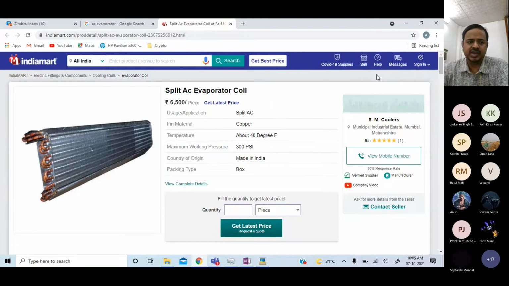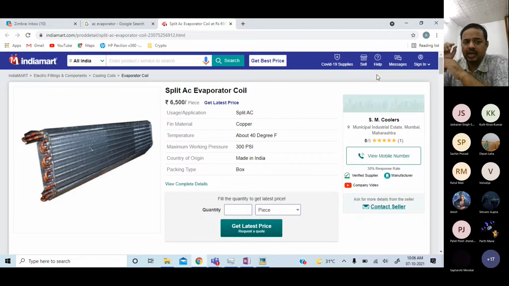What comes out is ambient air from the room, blown by the fan. As it flows over the tubes, it loses heat to the refrigerant and in turn becomes cooler itself. The refrigerant inside these tubes absorbs that heat and starts to change phase from liquid to vapor. That is why it's called the evaporator.